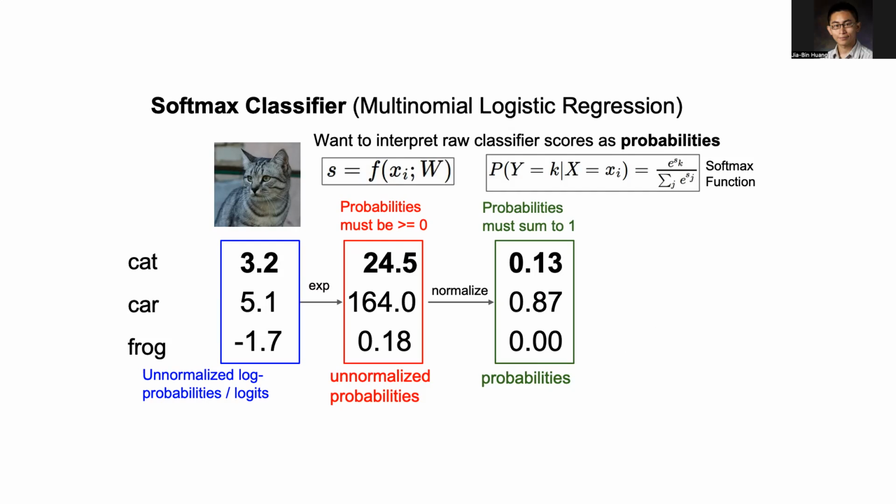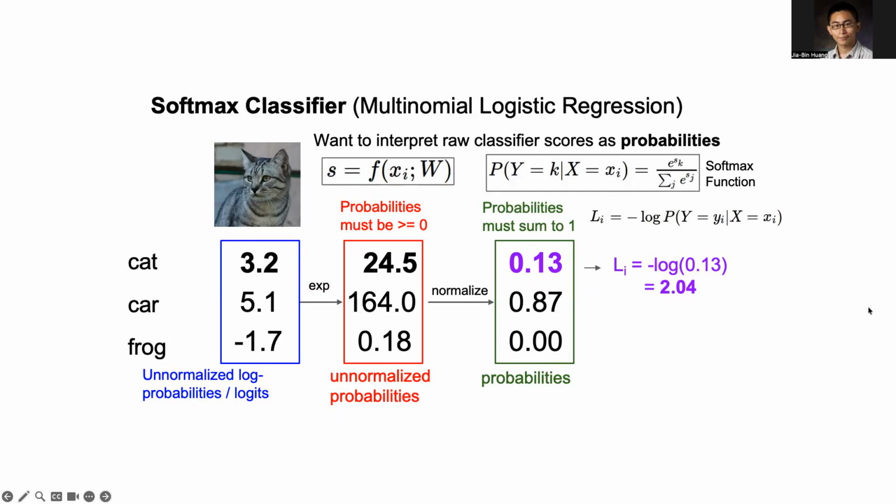Basically, to measure how unhappy you are, you take the correct class, this particular number, and just take a minus log of that number. Just think about this intuitively. That's your loss.